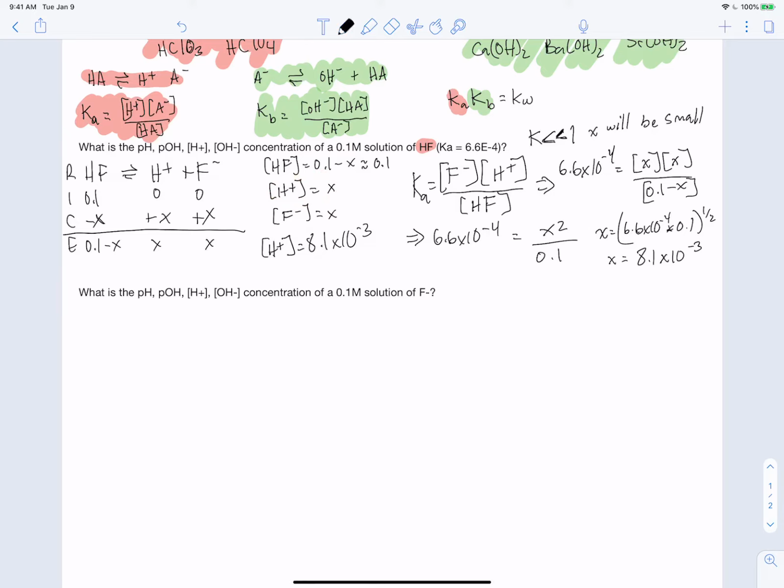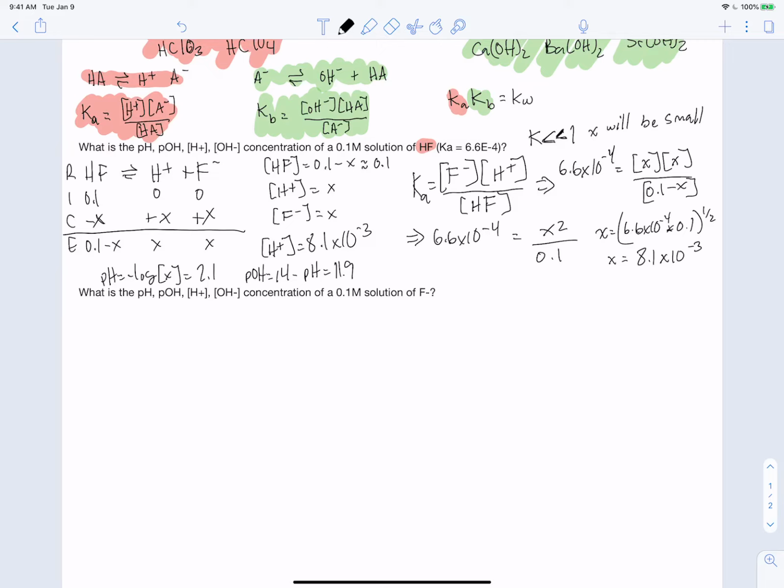And then I can just jump between all of the other different things that we need using some really simple math. We can say that the pH is equal to the negative log of x, which is somewhere around 2.1. And the pOH is going to be equal to 14 minus the pH, which is 14 minus 2.1. My calculator is faster than my brain. That's 11.9.